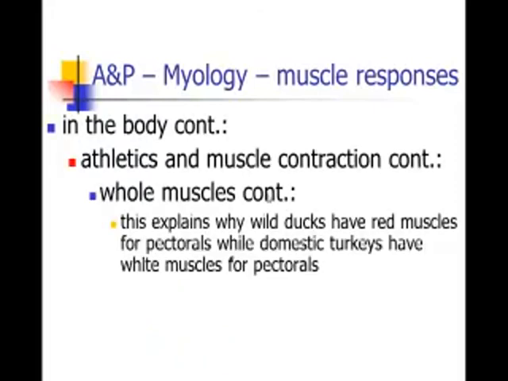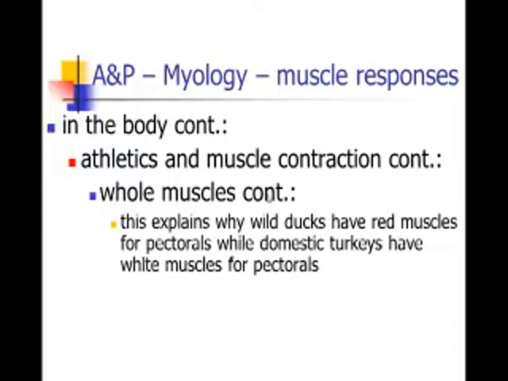Okay, so I don't know how many of you have ever seen wild duck or wild goose served in a meal, but if you look at the pectoral muscles of wild flying birds, they have very red pectoral muscles, and this is because of the high percentage of slow twitch endurance kinds of muscle cells.